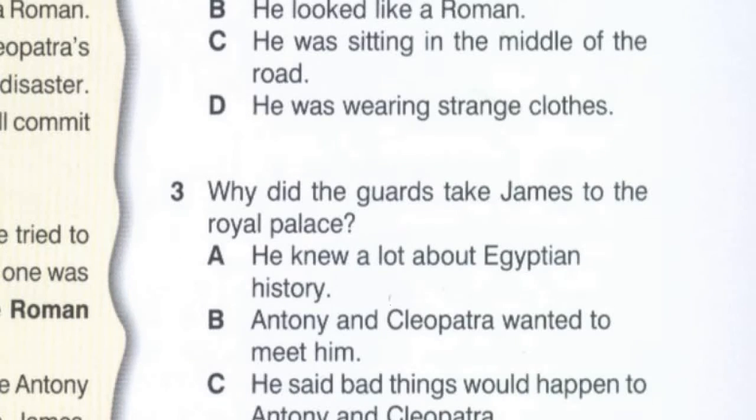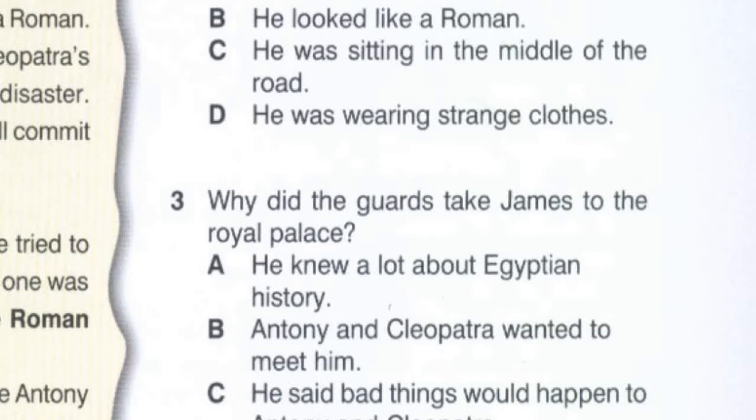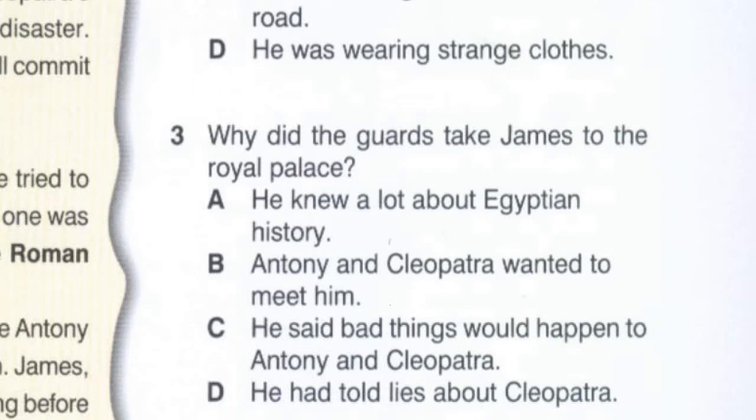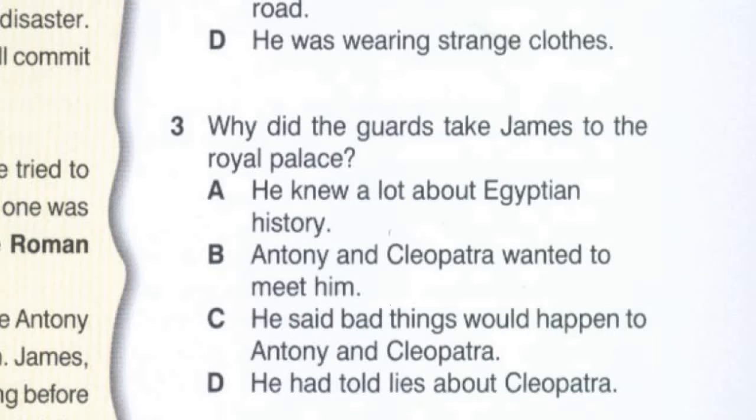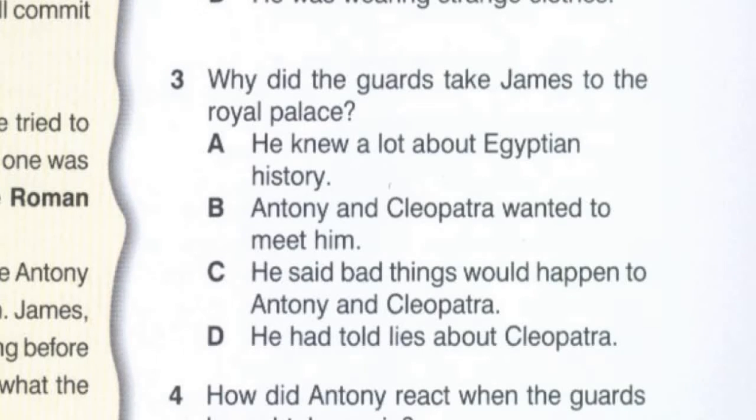Look at exercise 3, or question number 3. Why did the gods take James to the royal palace? A. He knew a lot about Egyptian history. B. Antony and Cleopatra wanted to meet him. C. He said bad things would happen to Antony and Cleopatra.